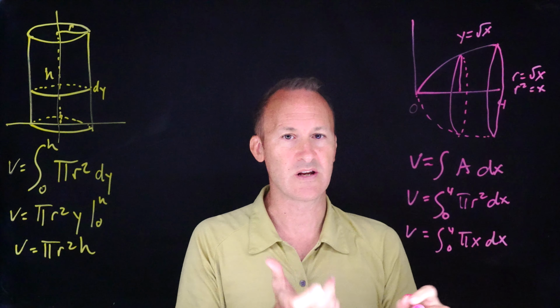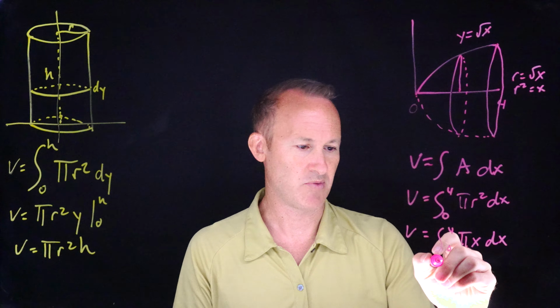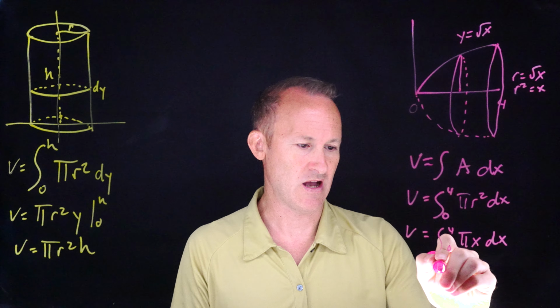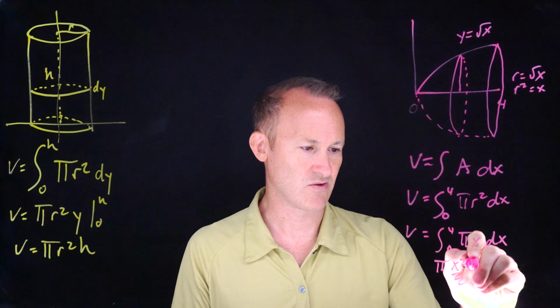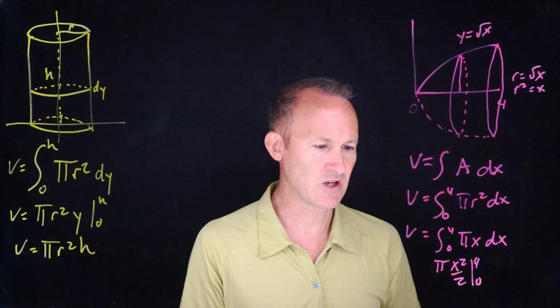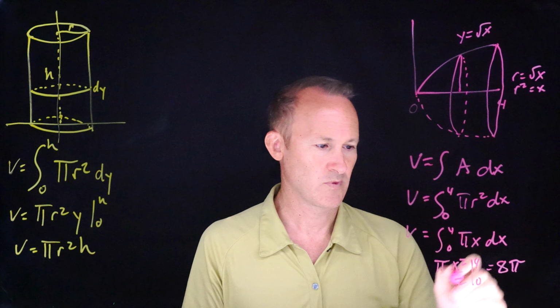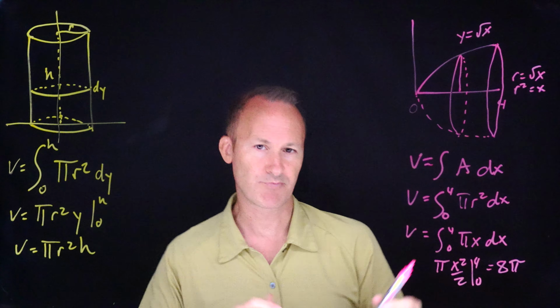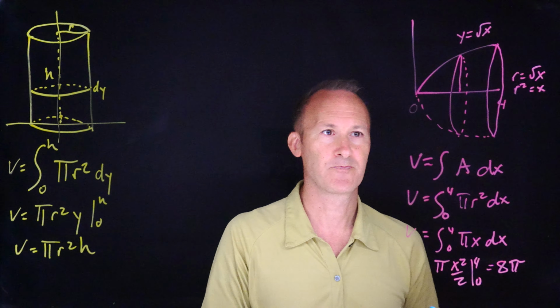Now we're ready to integrate because we have everything in terms of x. We can pull out the pi, and we get x squared over 2 as we integrate, evaluated between 4 and 0, and we get 8 pi. So the volume of this paraboloid happens to be 8 pi.